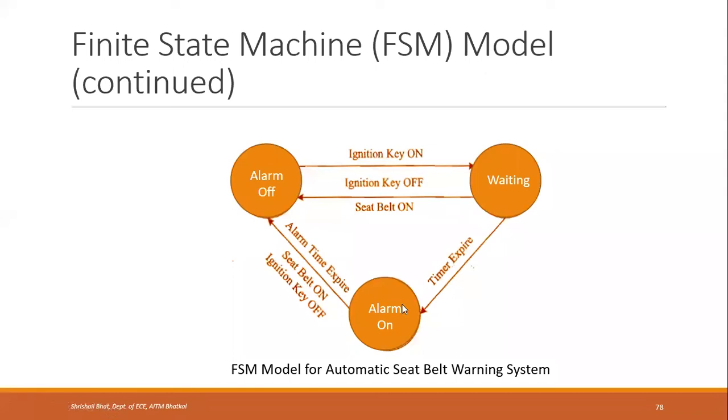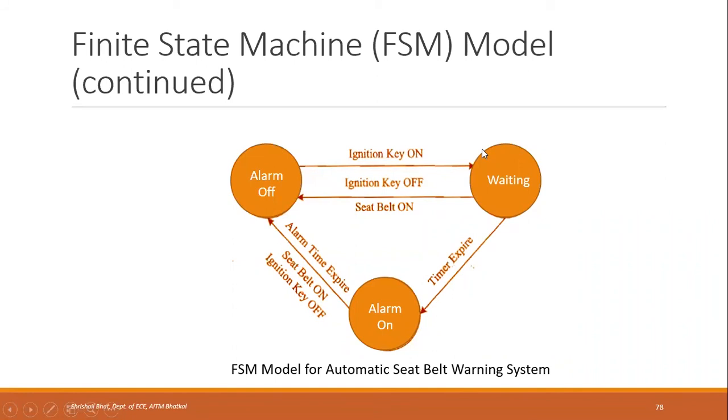There again, if the seat belt is on in between, it will go to alarm off state. Or if the ignition key is off in between, again it will go to alarm off state. But if none of these happens, then the timer will expire for 5 seconds. The alarm will be on, and then it will go to alarm off state. So this is the way we have the FSM model for the automatic seatbelt warning system.